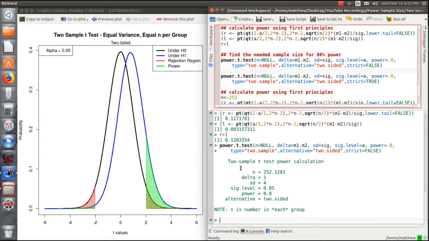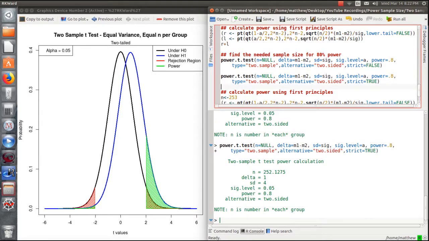So here is the strict false, and it says we need roughly 253 subjects to achieve at least 80% power. Now let's look at the strict equal true, and it also comes up with 253 subjects per group to have at least 80% power.